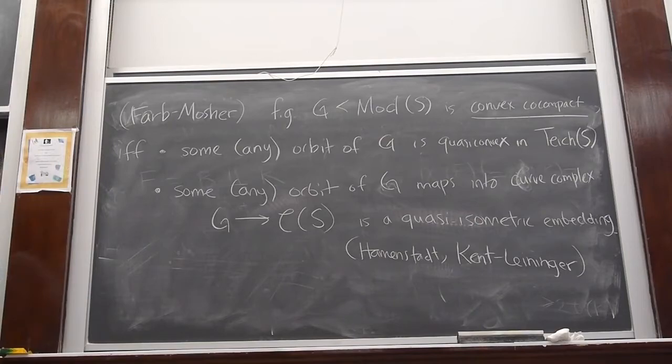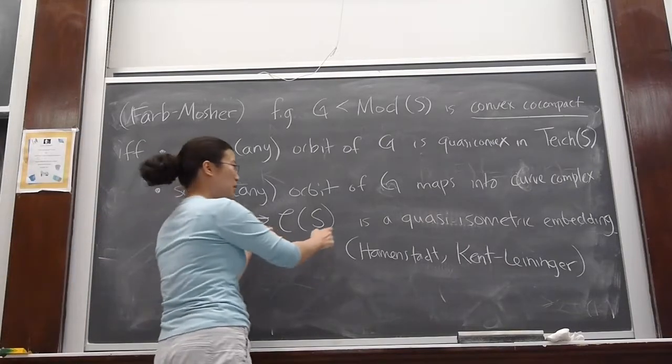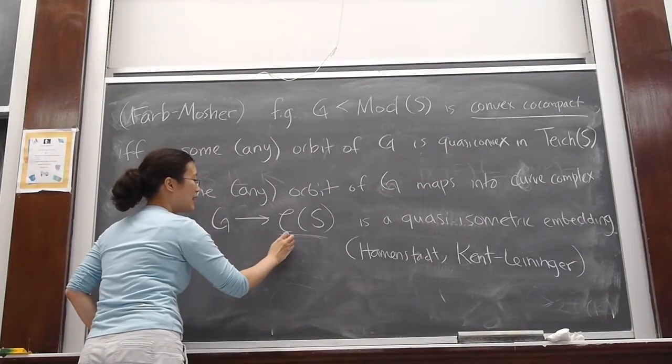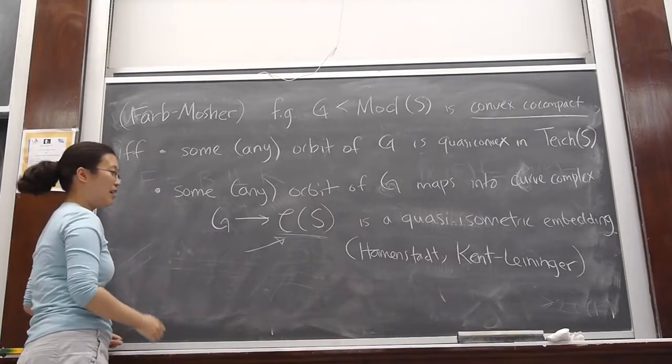Okay. So there are plenty of these, and I want to show you plenty of examples. We're going to spend most of our time on this, which you heard a lot about in Saul's talk yesterday.